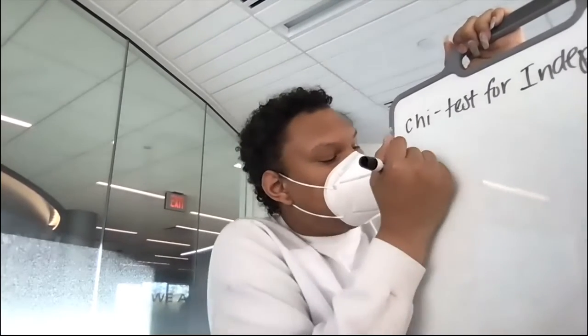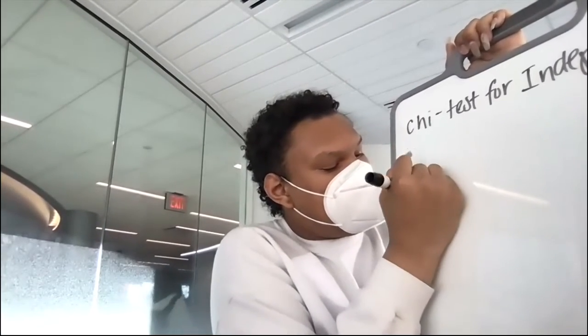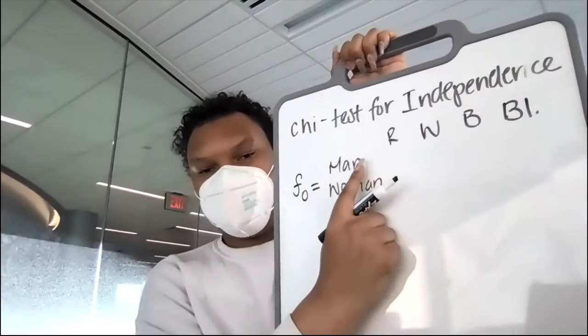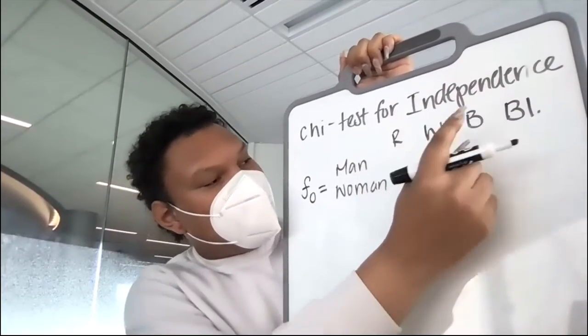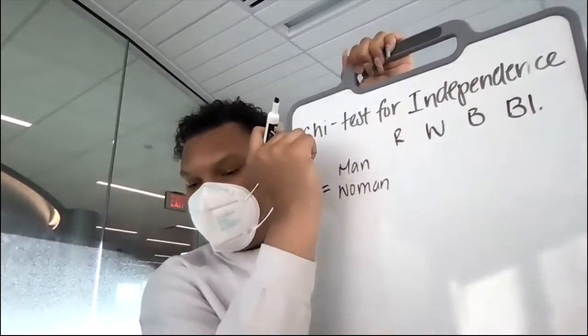In this example, we will be testing whether or not gender and car color are related in car stops by the police. For our frequency observed, denoted as F sub O, we have gender versus color. Our genders are man and woman, and our colors are red, white, black, and blue.